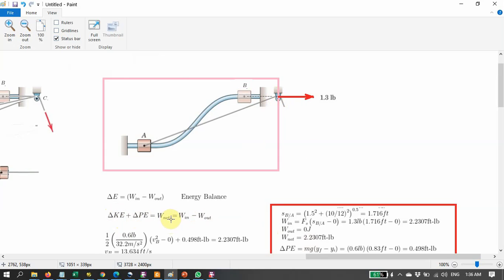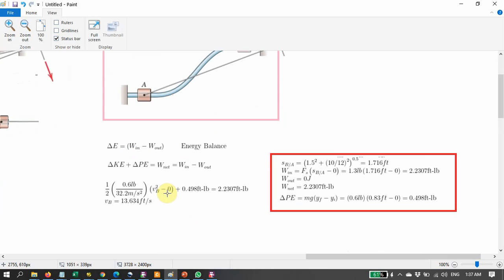We have the net work, which is work done by the surroundings to the slider. Work out means the work done by the slider to the surroundings. At this time, this slider moves freely, so there is no friction, and that will be equal to 0.